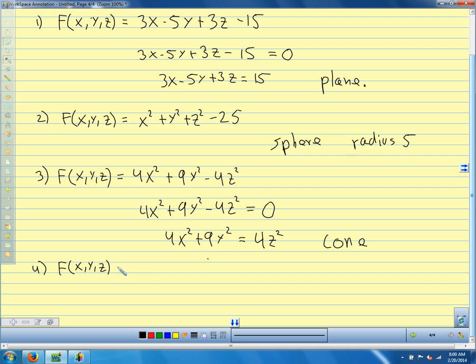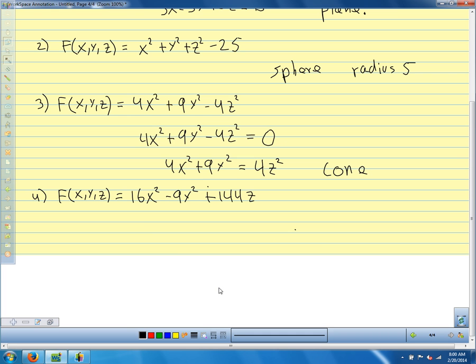Not even have to think about it. 16x squared minus 9y squared plus 144z is our surface, and we're looking at f of x, y, z equals 0. So 16x squared minus 9y squared plus 144z equals 0.